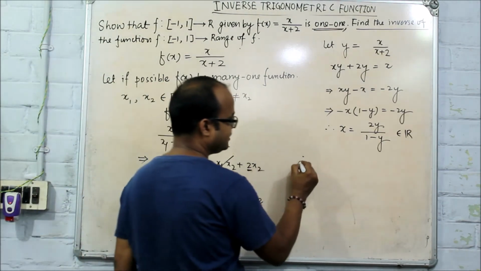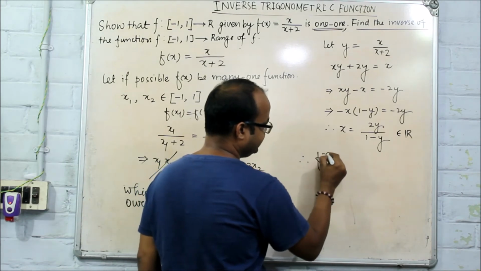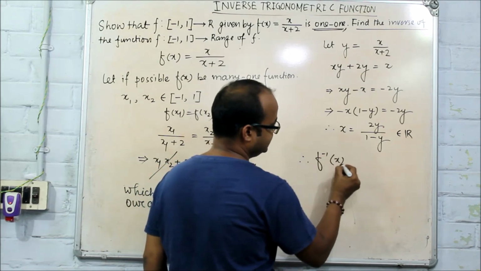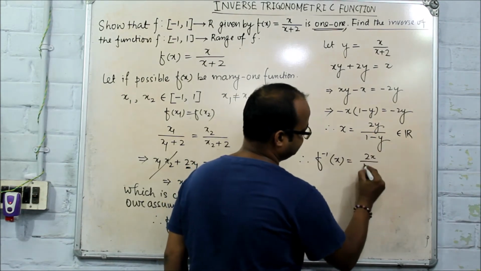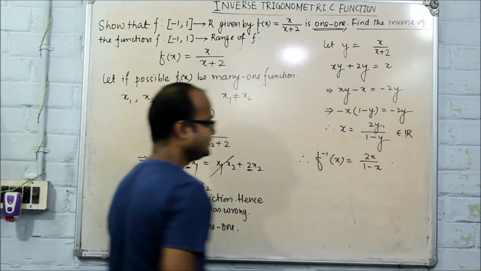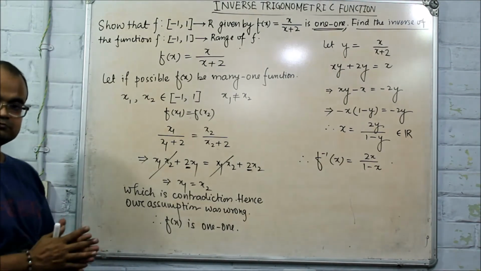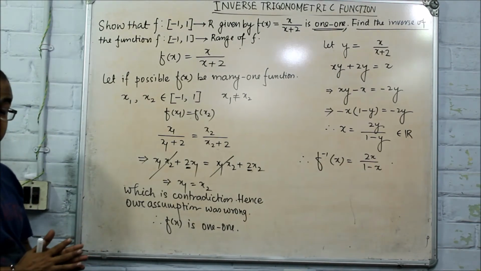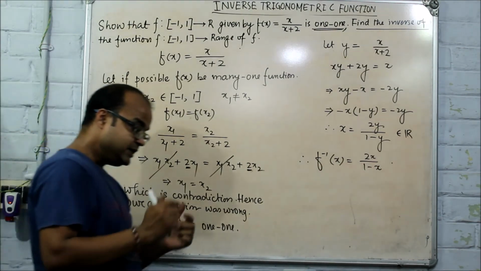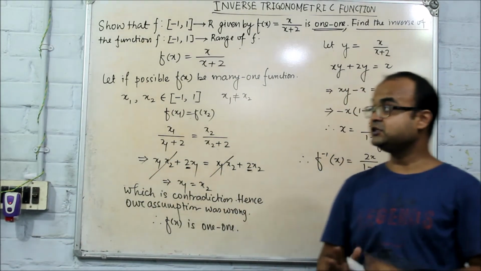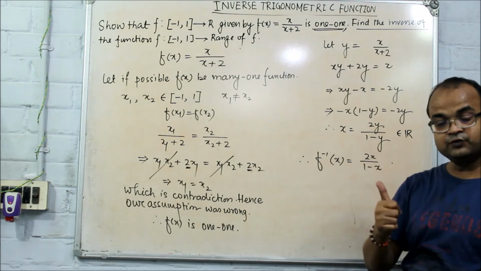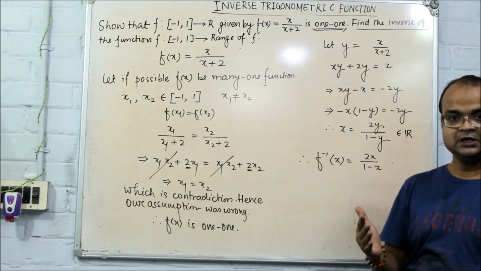Therefore, f inverse of x is equal to 2x by 1 minus x, replacing the variable by x. Clear? So, the inverse of a function exists if the function is one-one and onto.